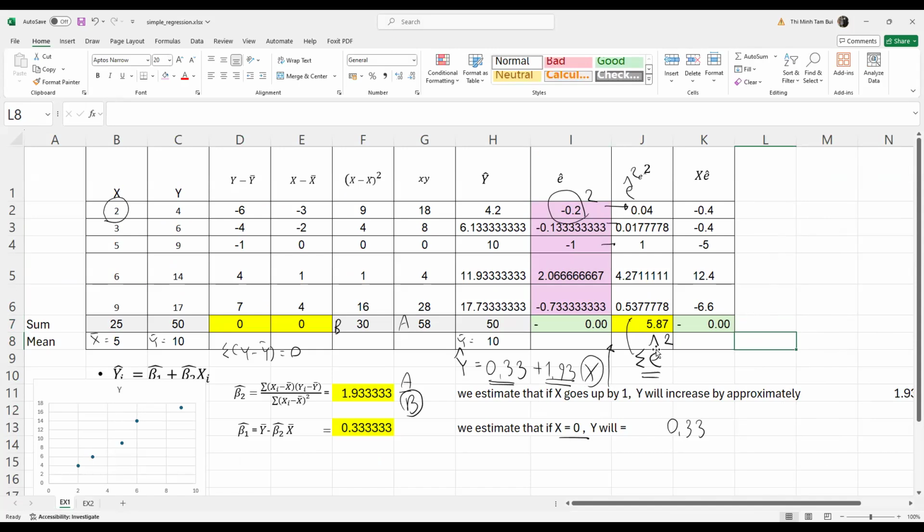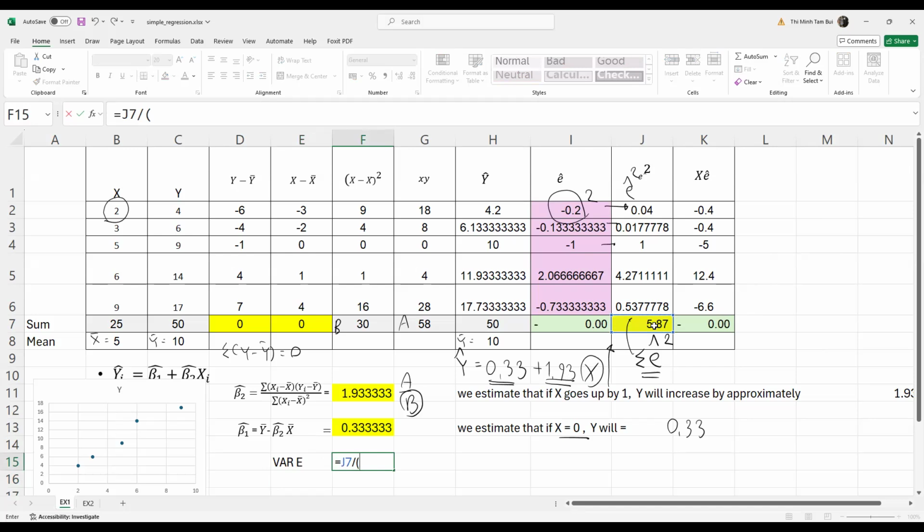Okay, so we get sigma error hat square here. To calculate its variance, Var(e) equals this number, sigma error hat square, over bracket.